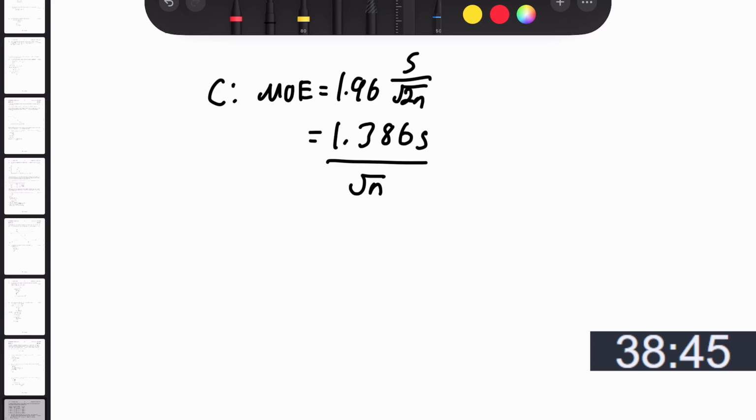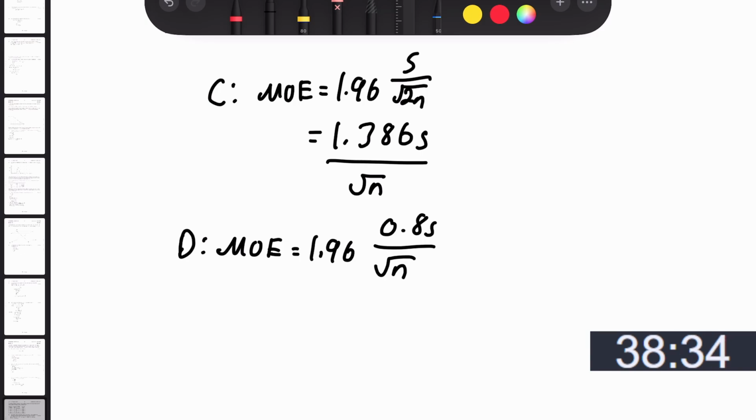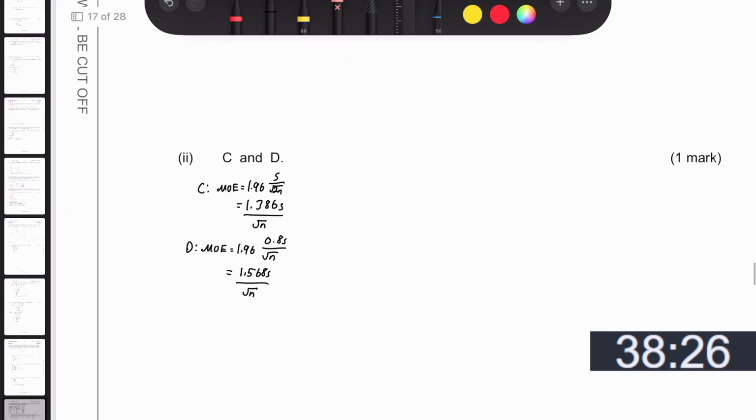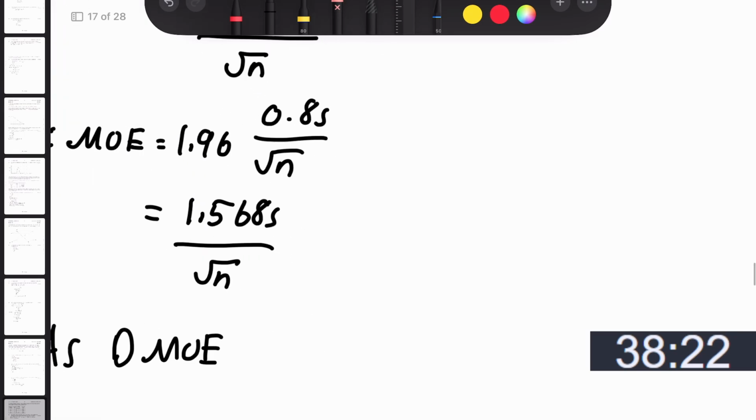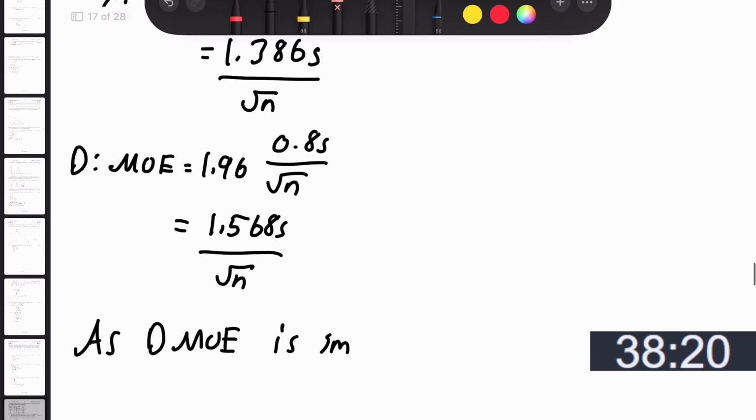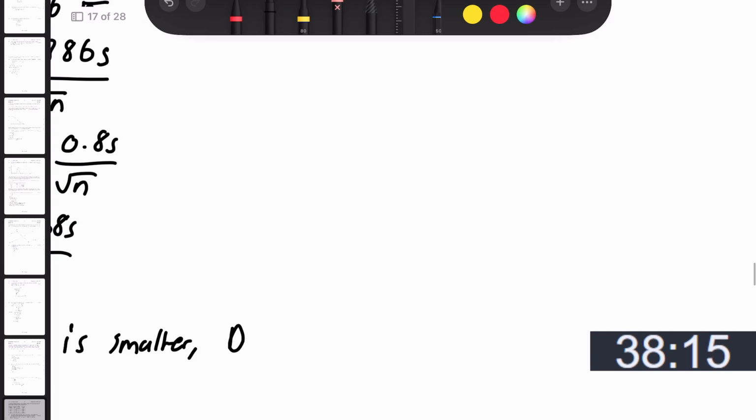And for D, margin of error equals 1.96 of 0.8s over square root of n. So then this was 1.568s on square root of n as the margin of error is smaller. D will have the smaller width.